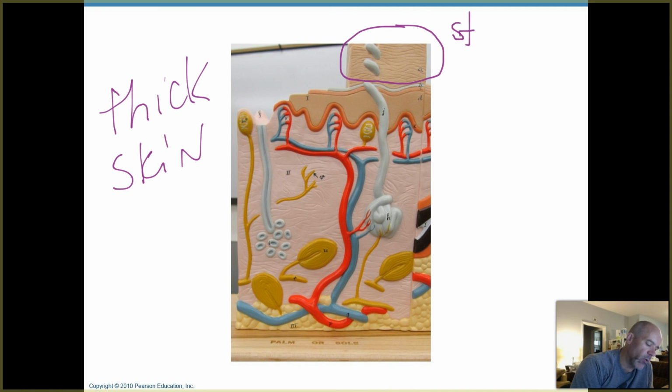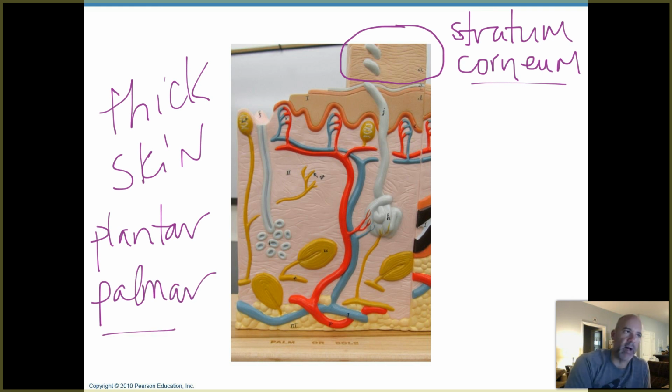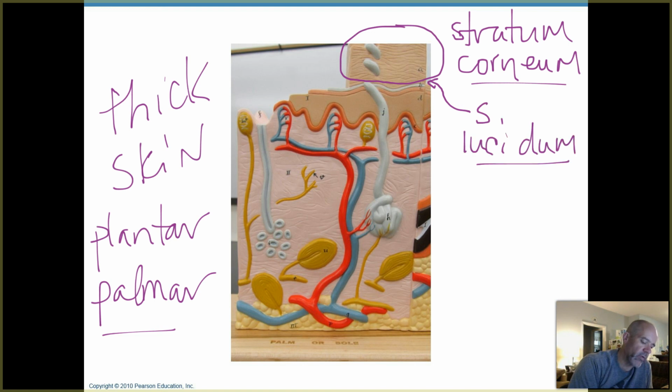That is your stratum corneum, which is much thicker in thick skin. You have thick skin in plantar regions and palmar regions of the body. So stratum corneum is much, much thicker. So our little skin model goes up taller. That little light blue strip you see there is a representation of the stratum lucidum that we were talking about in the epidermis a little bit earlier.